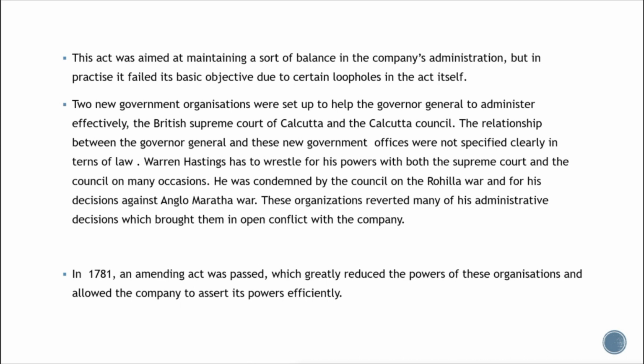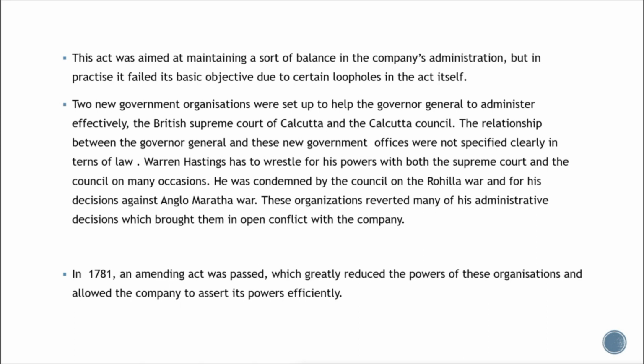Warren Hastings had to wrestle for his powers with both the Supreme Court and the British Council on many occasions. He was condemned by the Council on the Rohilla War and for decisions on various treaties in the Anglo-Maratha War. These organizations reverted many of his administrative decisions, which brought them into open conflict with the company.